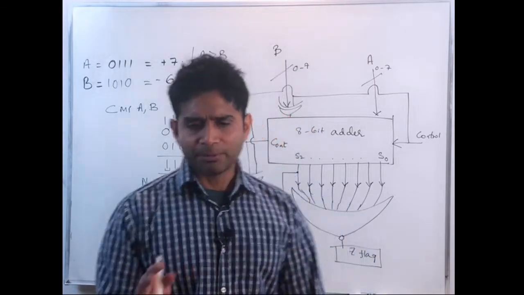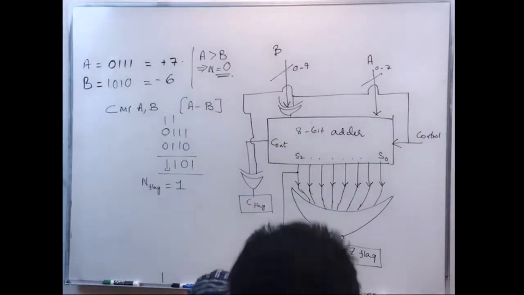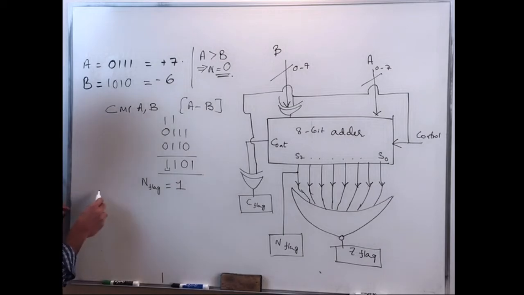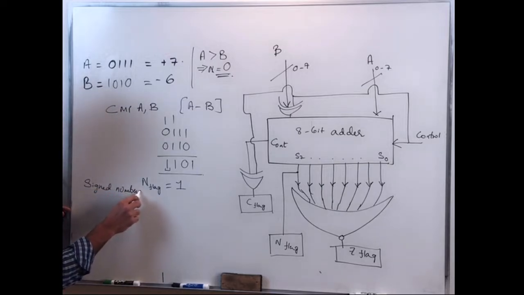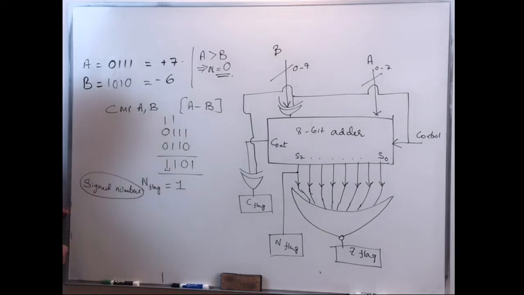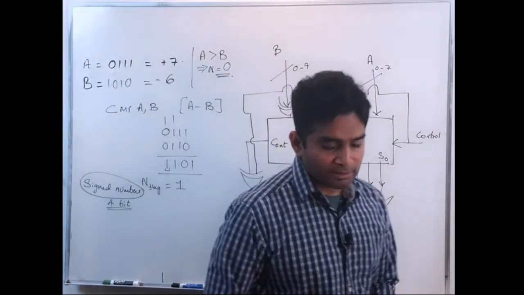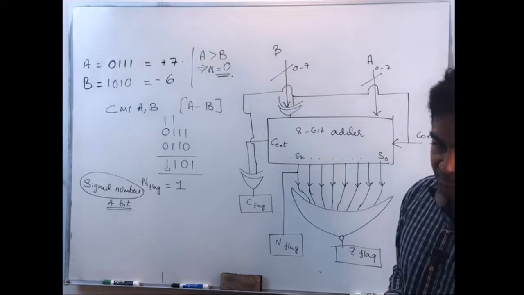So let me put it this way. Going back to the basics, when I'm working with 4-bit signed numbers, what is the range of numbers I can represent in 4 bits?